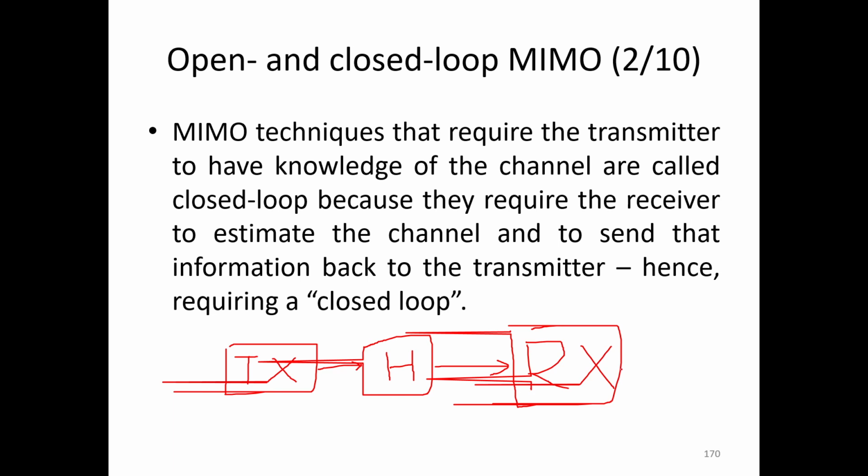Then this is the output of the receiver. If the transmitter needs to know the channel, then the receiver will do the channel estimation and feed back the channel information.